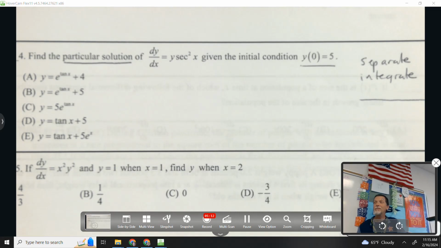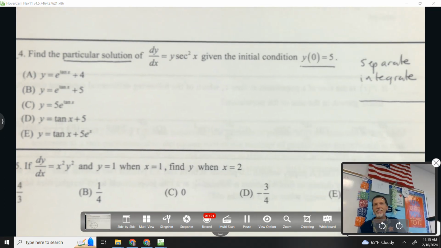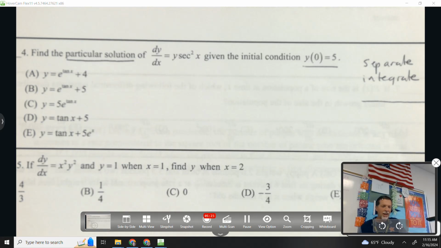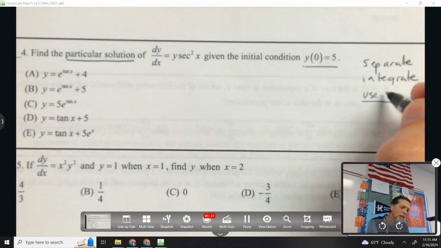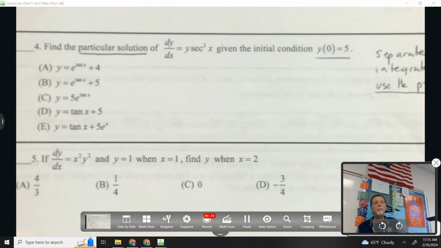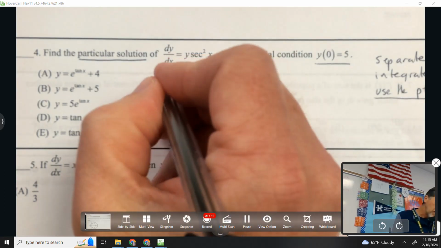Usually they go with something like algebraificate, plug-inificate, whatever. But again, use the point isn't as fun as making it rhyme. So let's separate and integrate, and then we'll use that point.